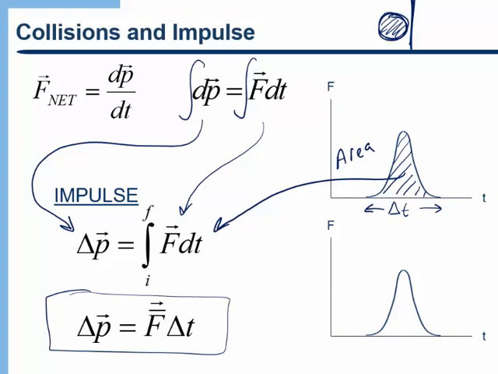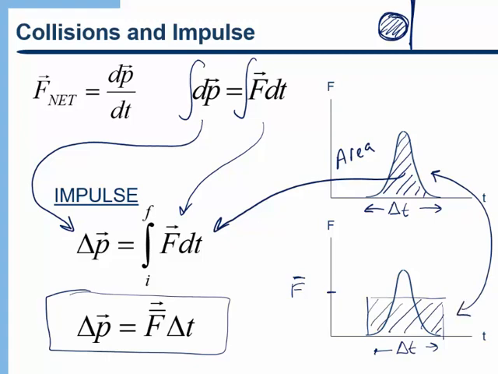What we do is we say, well, what would the average force be during that collision? And what we really mean by that is that the area here is equal to the area here. So in other words, if we had that average force acting over the same amount of time of the collision, delta t, it would provide the same impulse. Okay? So that's how we end up with this equation.